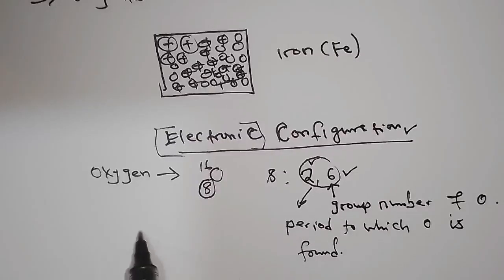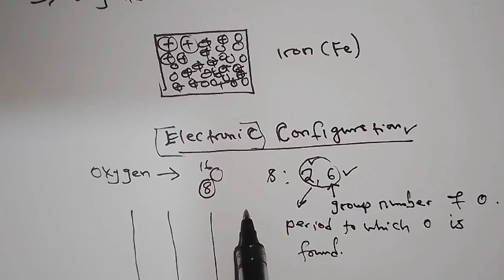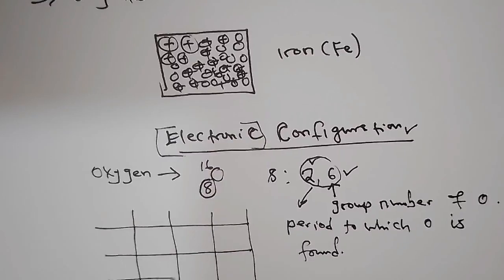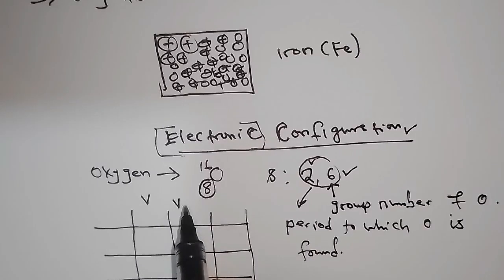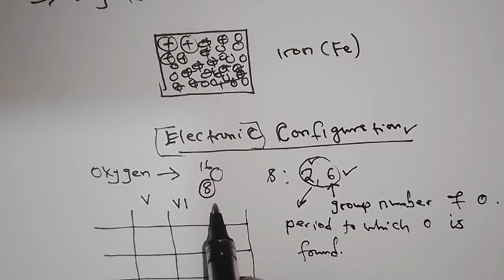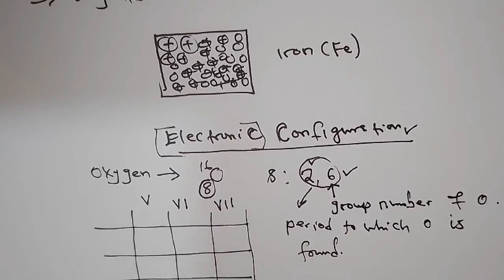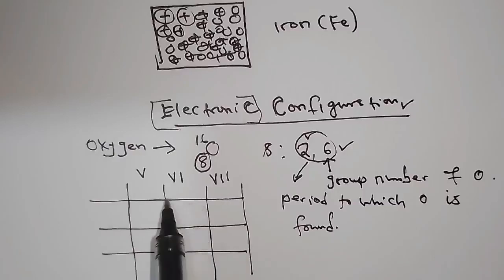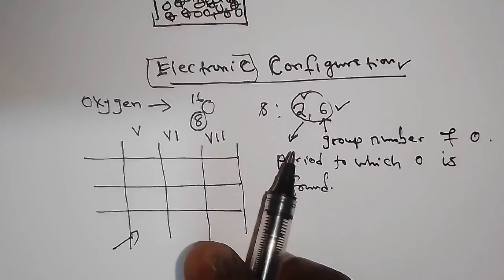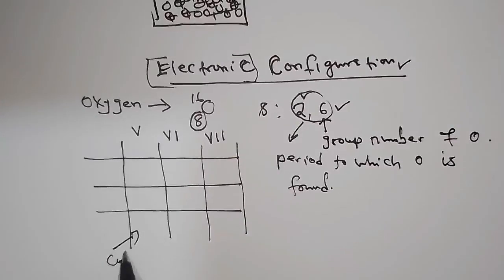So if I go to the periodic table, you find that it contains these lines. Let's say this is period 5, period 6, period 7, for example. These are vertical ones, or the columns.